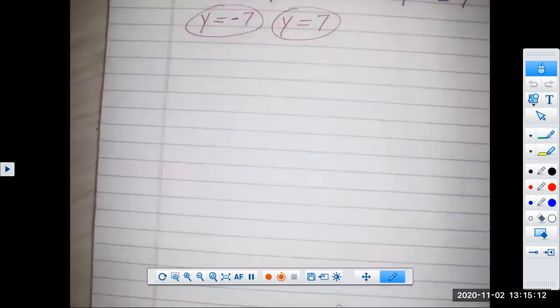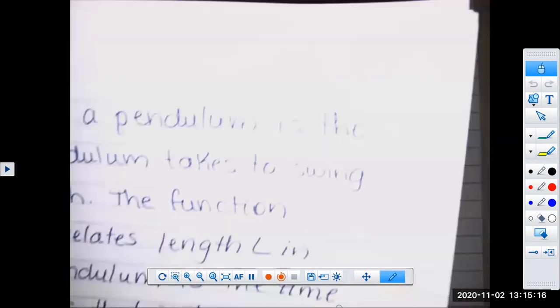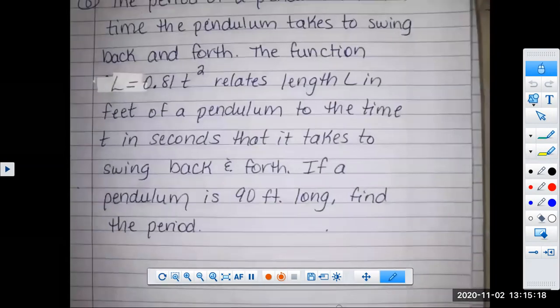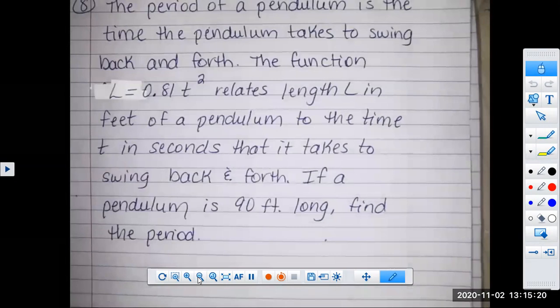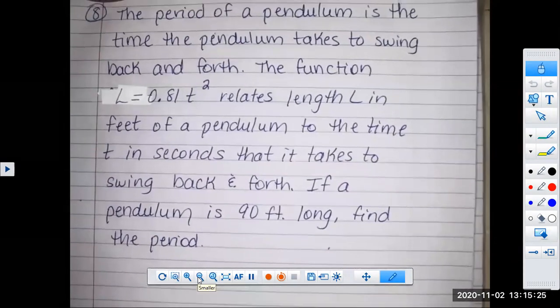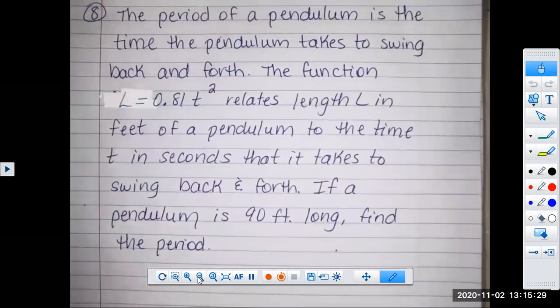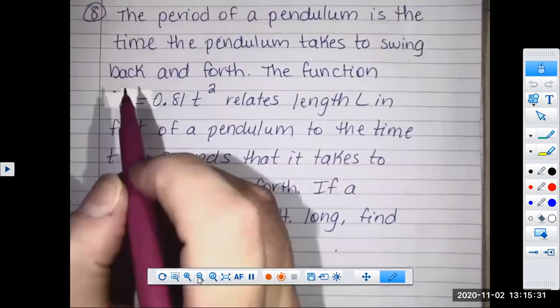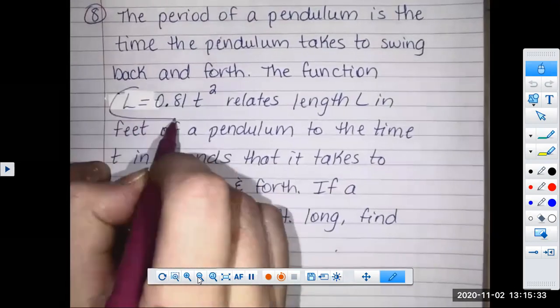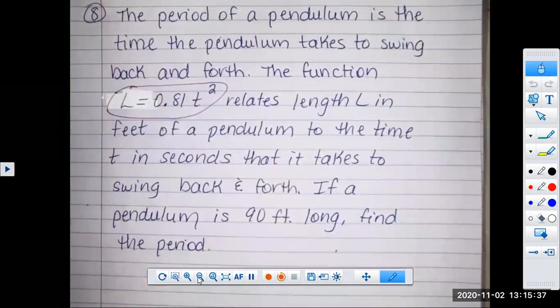You don't have to write this down, okay? So don't freak out when I put this up on the board. Okay, this is another problem where quadratic functions play a part in real life. Of course, you've all seen a pendulum. The only part that you need to write down is the function, L equals 0.81 t squared.